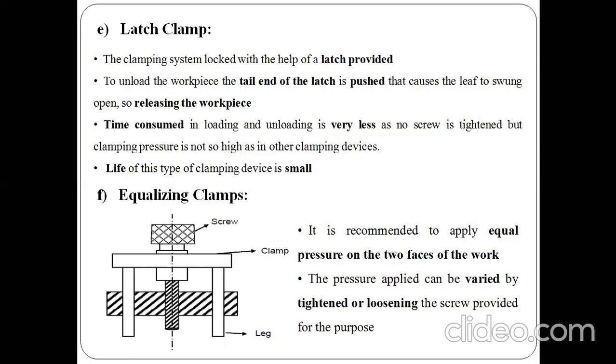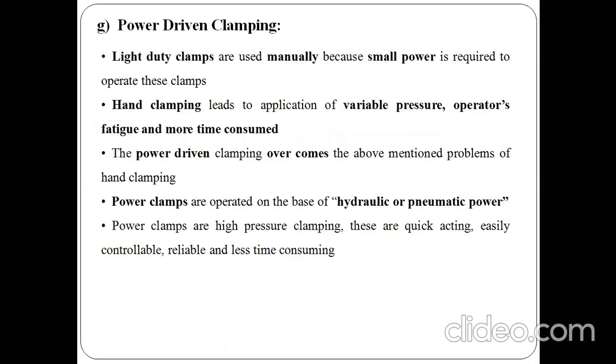Now we will move to the next clamp, power driven clamping. For applying light pressure, we are using light duty clamps, which are operated manually because small power is required, and it is a hand clamping mechanism.